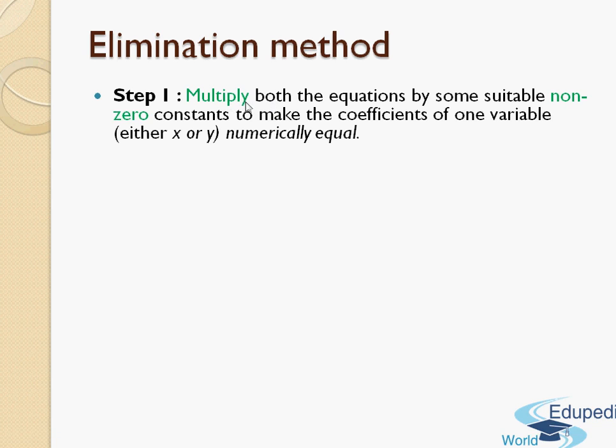According to the first step, multiply both the equations by some suitable non-zero constants to make the coefficients of one variable numerically equal.